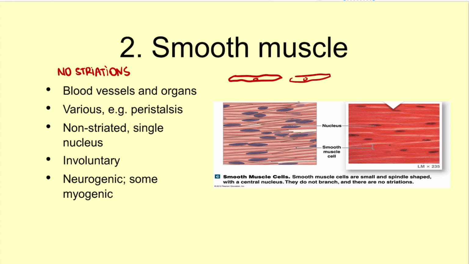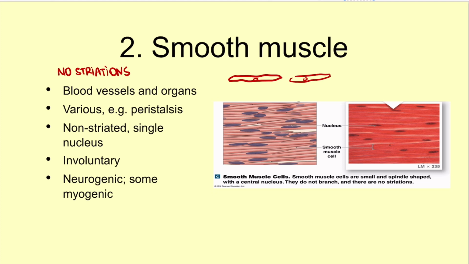And it has various actions, but really it's all about movement too. Perhaps it's going to do peristalsis, which is going to help move food through our GI tract. Perhaps it'll help move blood through our blood vessels. It is also single nucleated, so one nucleus per cell.